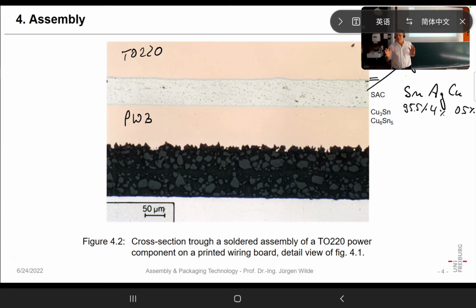For ternary systems, it's already more complex, but in the end, we can derive that information from the binary diagrams mostly.